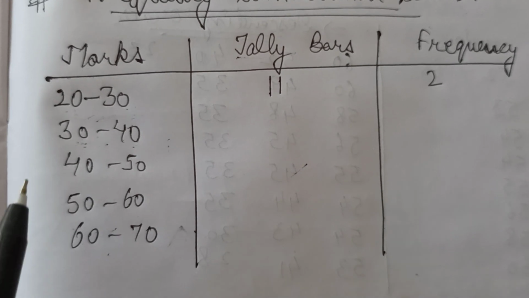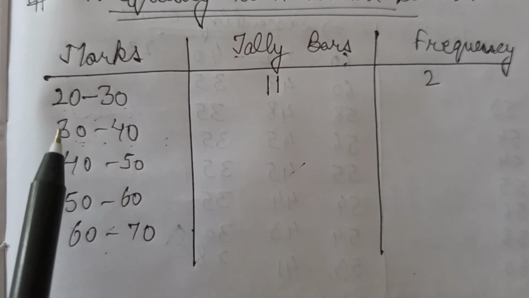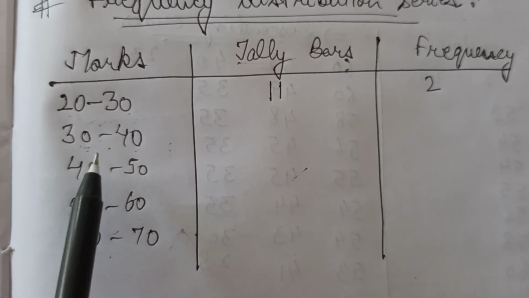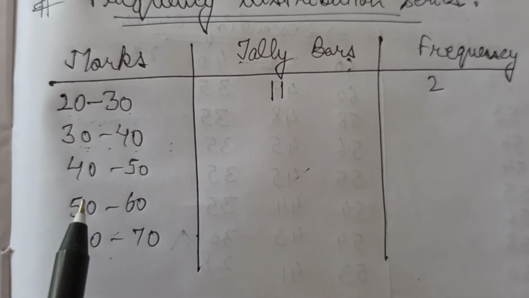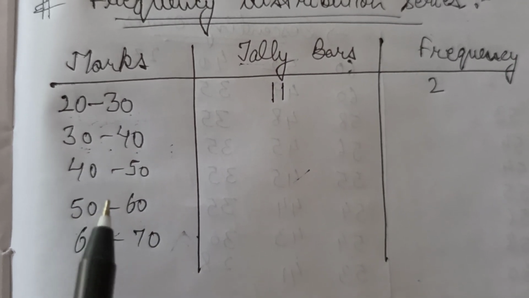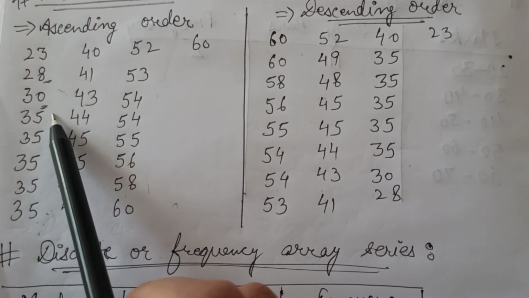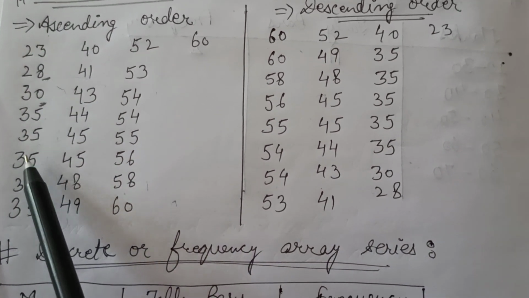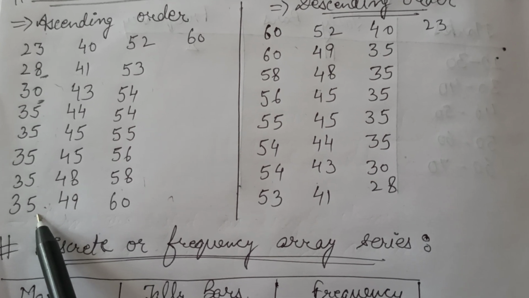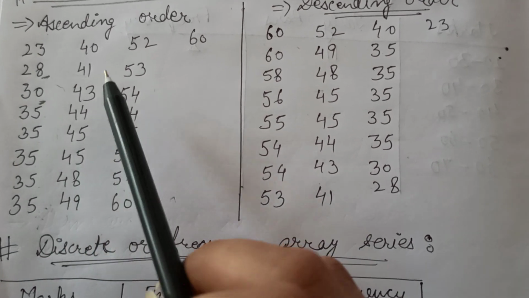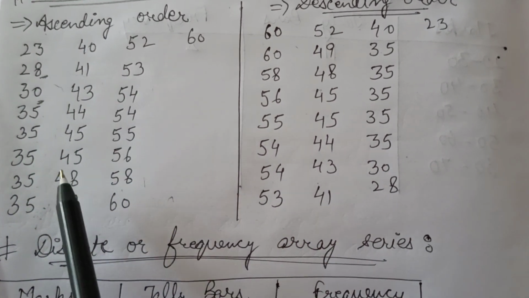Now I will see how many students are there who have scored marks from 30 to 40. Now I will see in the individual or the discrete series. अब देखो यहाँ पे कितने स्टूडेंट्स हैं जिनके 30 to 40 मार्क्स आए. You can count over here is 1 2 3 4 5 6. Only 6 are there because 40 will be included in the next class interval.